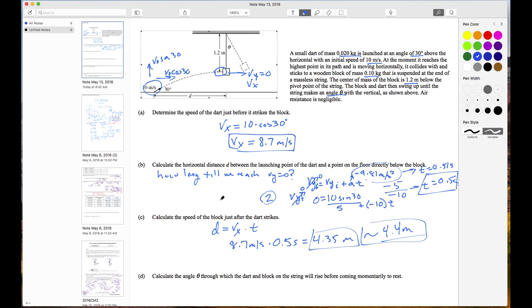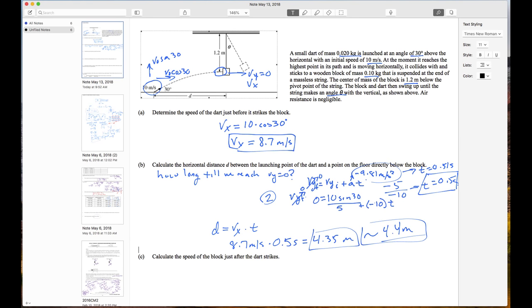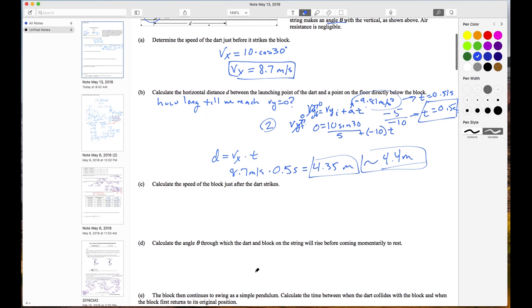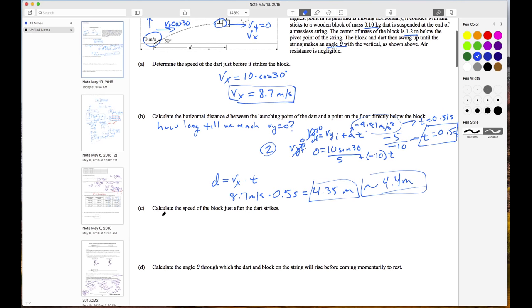So I'm going to move this down so that we have a little more space to work. Let's look at the speed of the block just after the dart strikes. Well, we know that the block has a mass of 0.1.